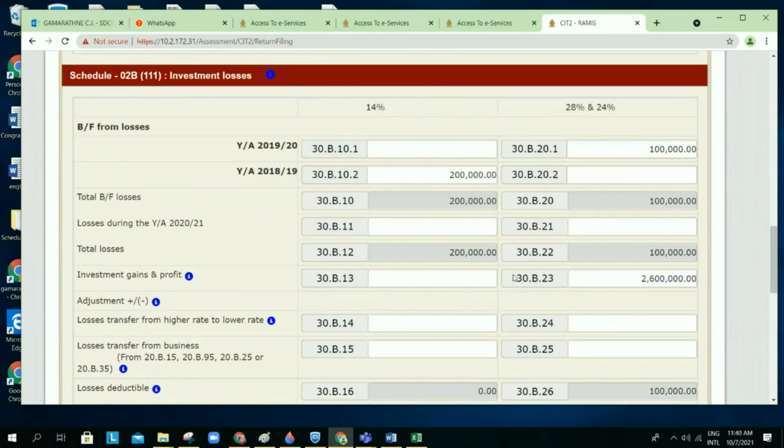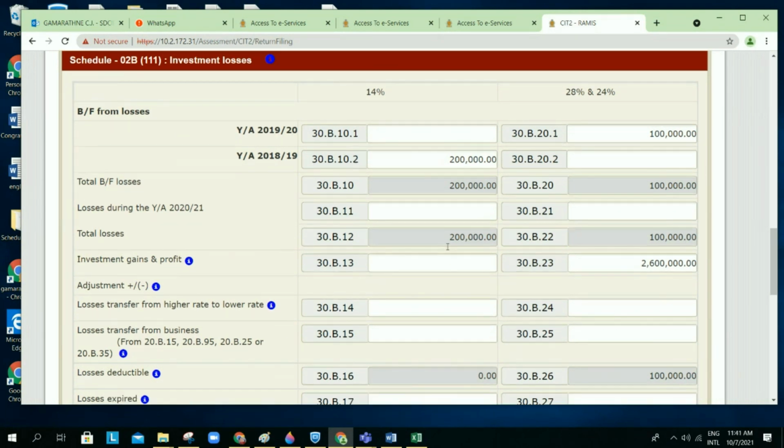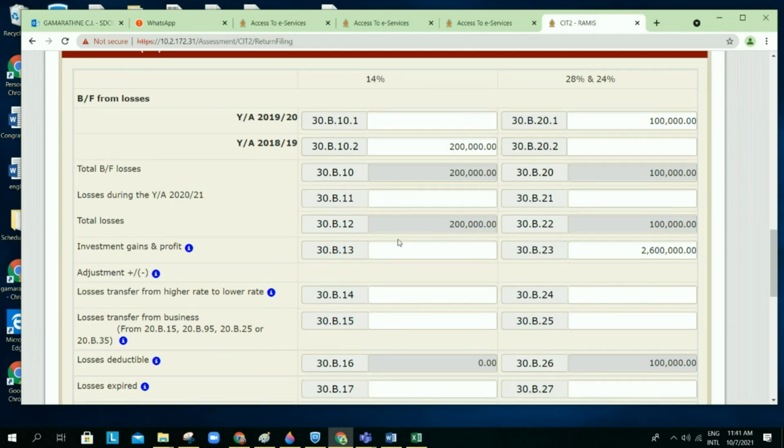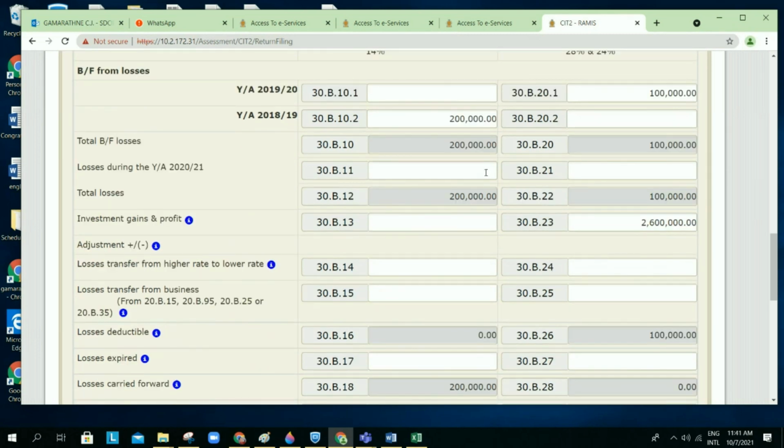Same as the above business loss schedule, this is the investment losses. This schedule also has the same structure we have maintained. Then there are breakups for the loss brought forward amount and the current year amount, and the total value comes here.